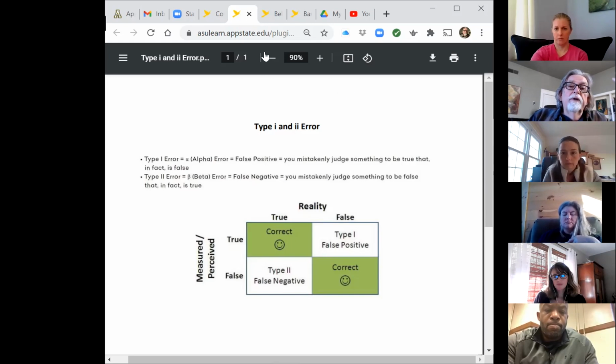Now, there might be a time when we are more worried about type 2 errors. Let's say we had a big bad disease like COVID or AIDS or anything else that's going to kill you if we don't do something about it.